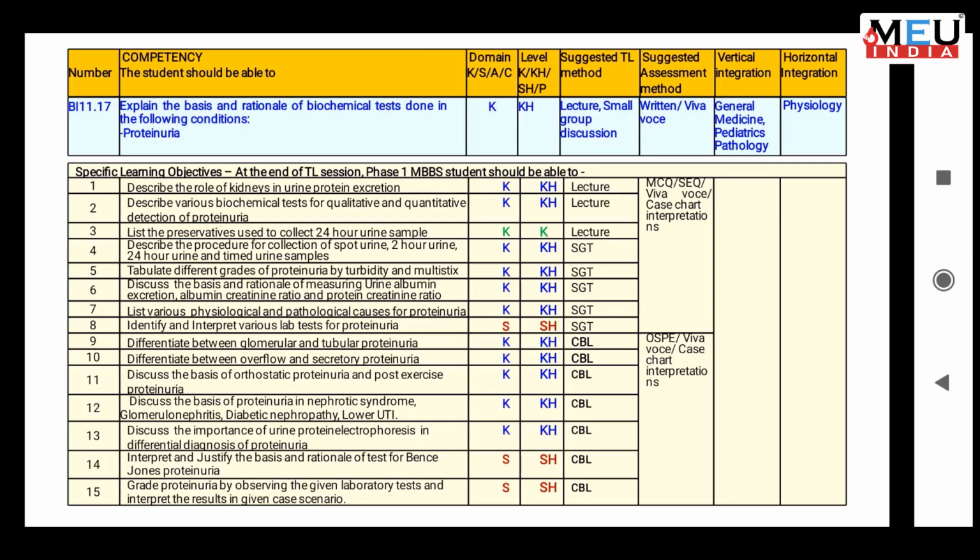We are here at S and SH level. Differentiate between glomerular and tubular proteinuria. Differentiate between overflow and secretory proteinuria. Discuss the basis of orthostatic proteinuria and post-exercise proteinuria. Discuss the basis of proteinuria in nephrotic syndrome, glomerulonephritis, diabetic nephropathy, and lower urinary tract infection.